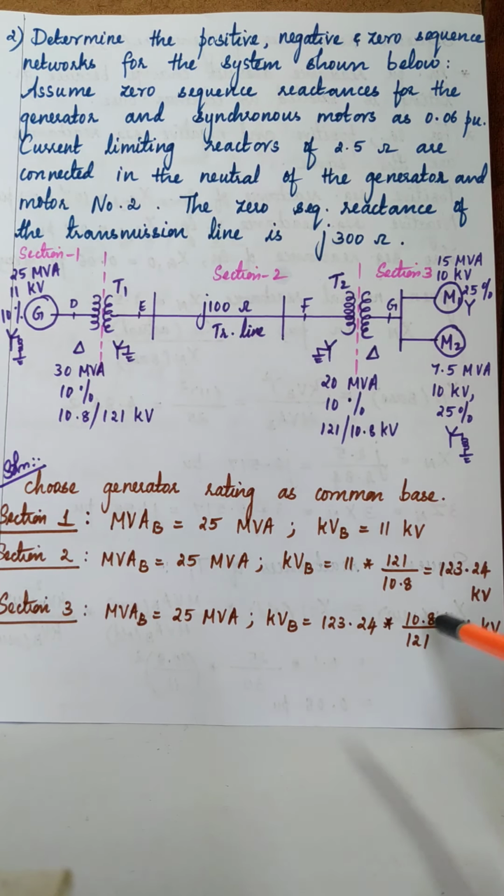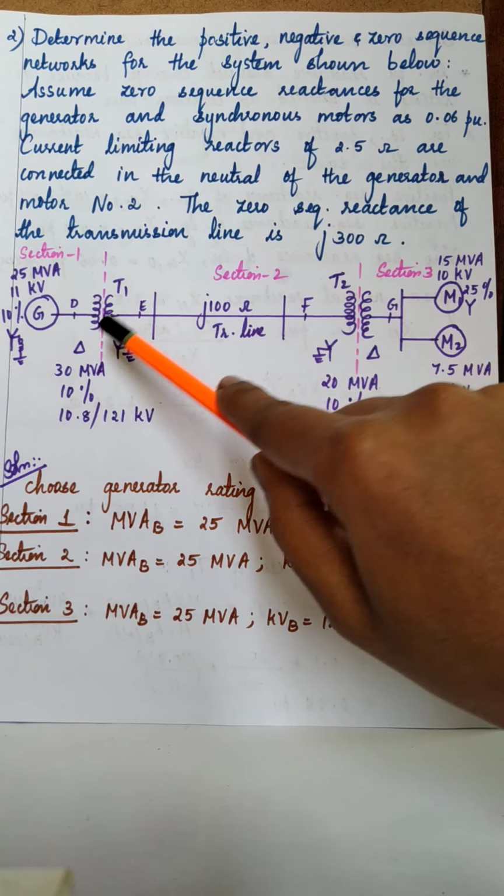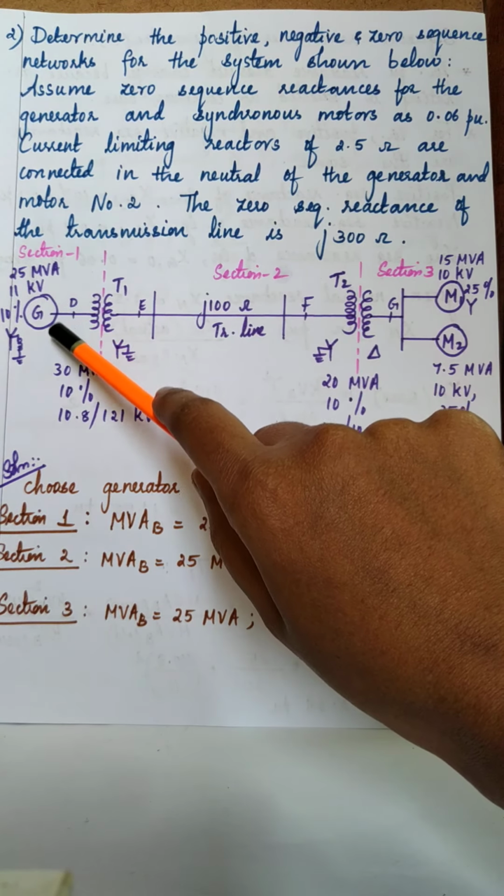Like this you have to calculate the section wise new MVAB and kVB values. After finding this, you have to calculate the new per unit reactances of each component. So now let us go for the per unit reactance calculation.